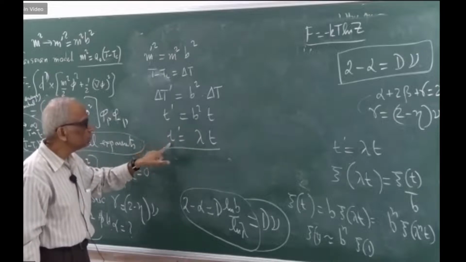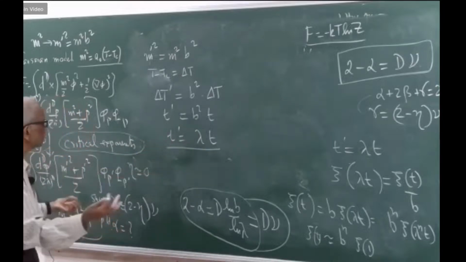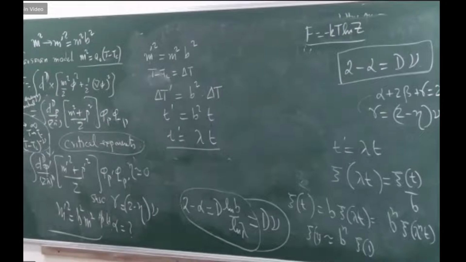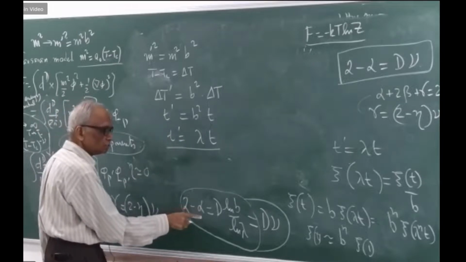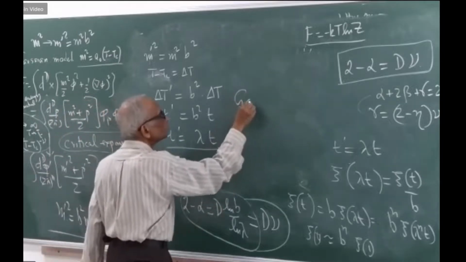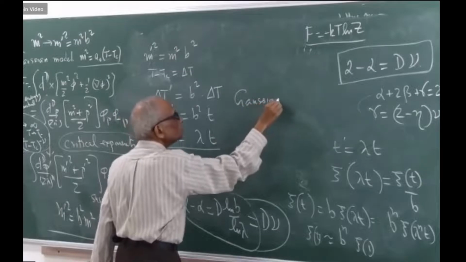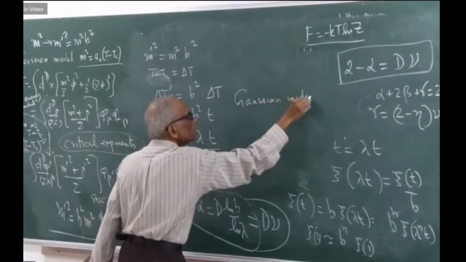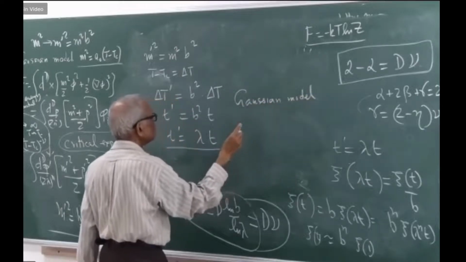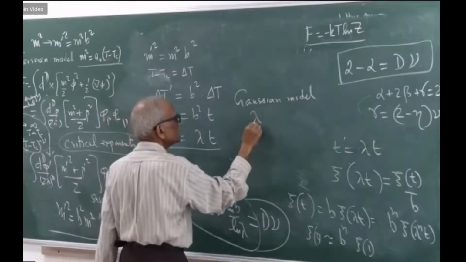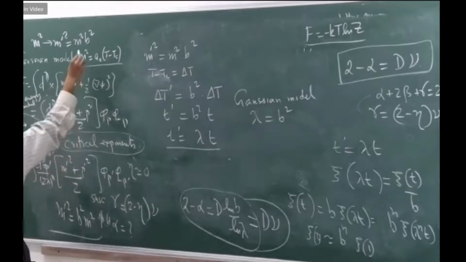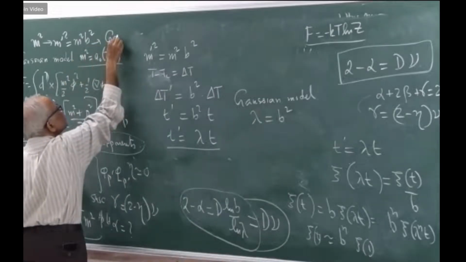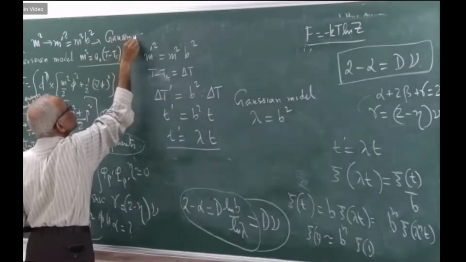But t prime is lambda times t, that is the way we defined our lambda, and therefore lambda is equal to b square. So for the Gaussian model, lambda is equal to b square.